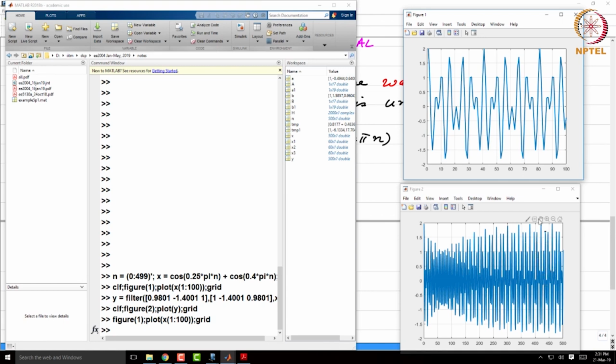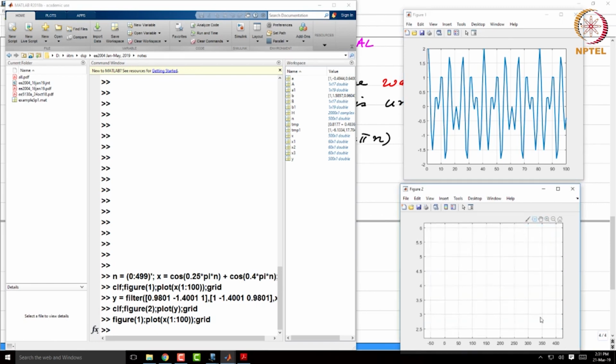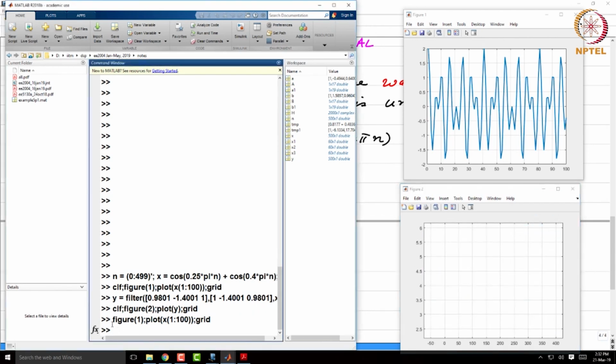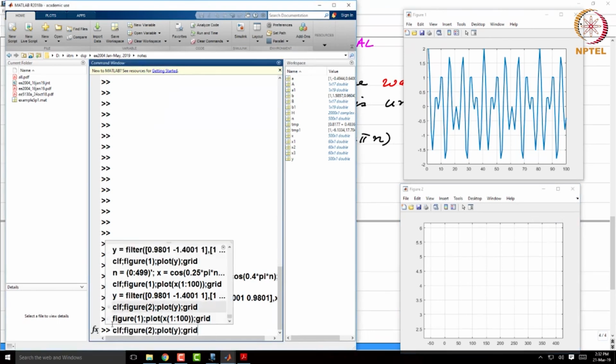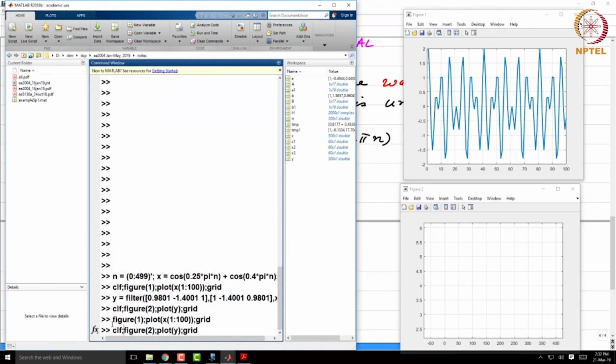Now, let me zoom in here. Or rather, it is probably better if I plot it separately.